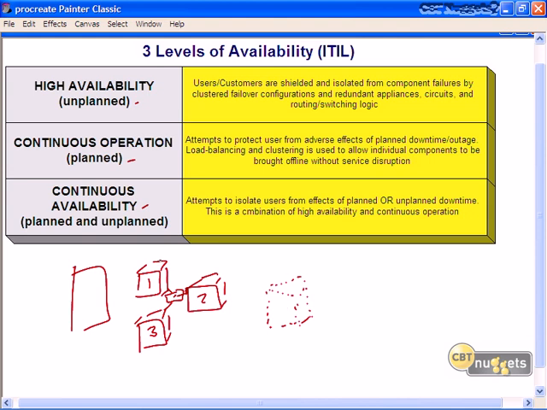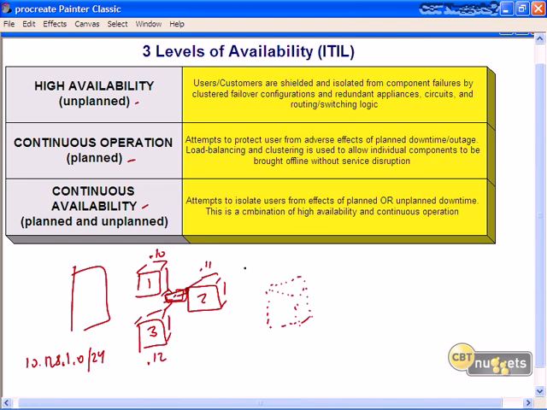So these might have all three separate IP addresses, .10, .11, and .12 on, let's say, a 10.128.1 network.